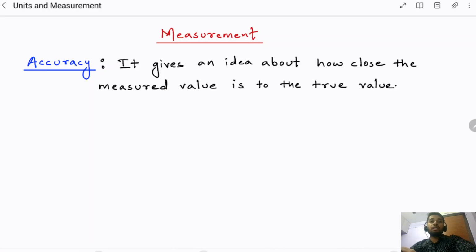So that means the closer the measured value to the true value, higher will be the accuracy. And the next term is precision.